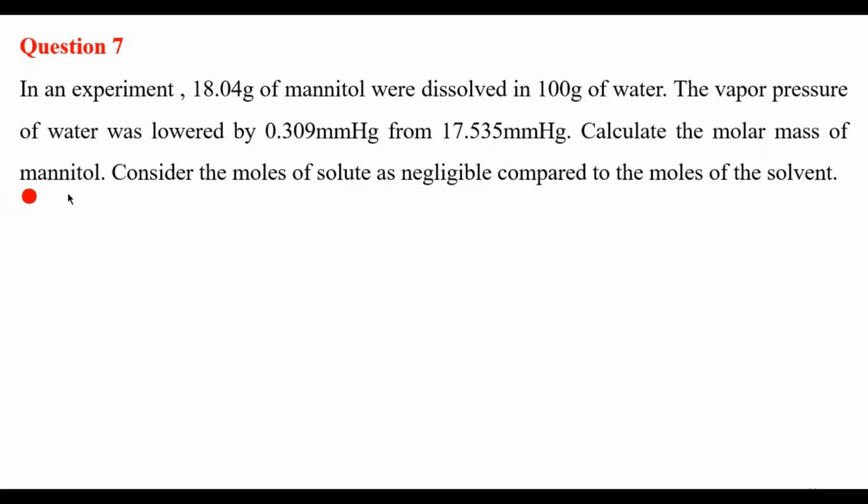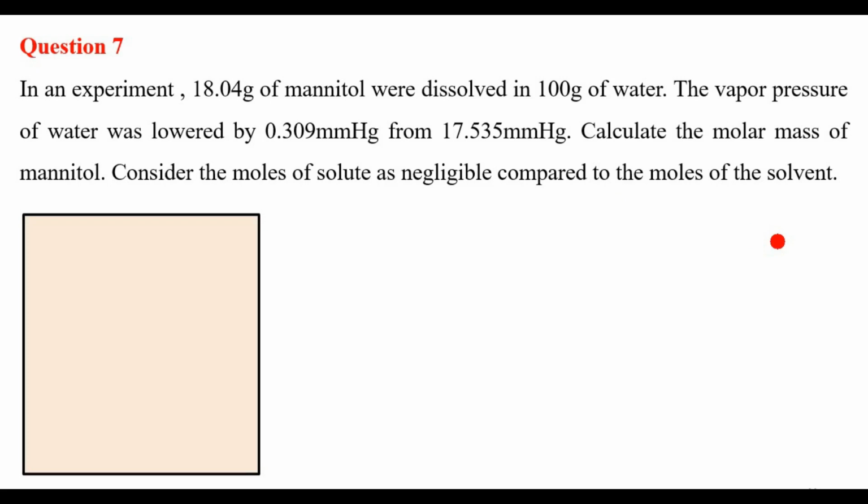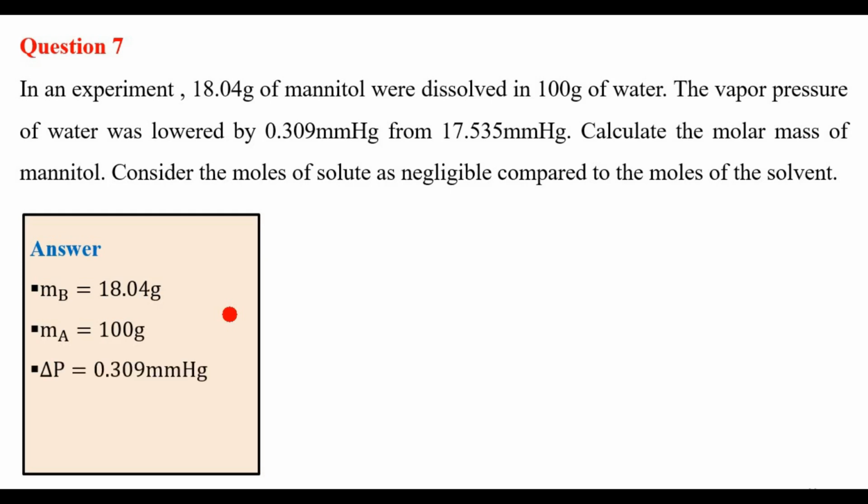Consider the moles of solute as negligible compared to the moles of the solvent. Here also we'll use the formula because the moles of solute are negligible as compared to the moles of solvent. What do we have? We have MB, which is the mass of mannitol, the mass of the solute. We have also the MA, which is the mass of the water, the pure solvent, which is equal to 100 grams. We have also the change in pressures. This means the vapor pressure lowering.